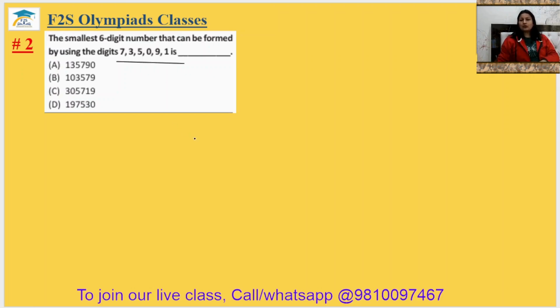So 0 will be at the second place, and now we can just arrange the digits in ascending order. It will be 1, 0, 3, 5, 7, 9. This is the smallest 6-digit number formed. It is in option B. So the second answer will be option B.